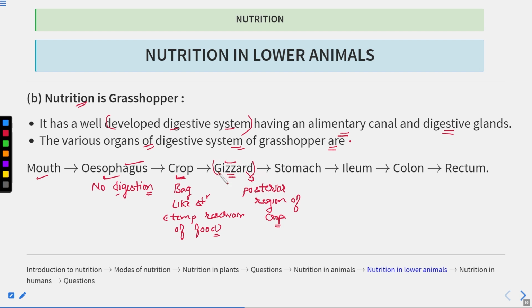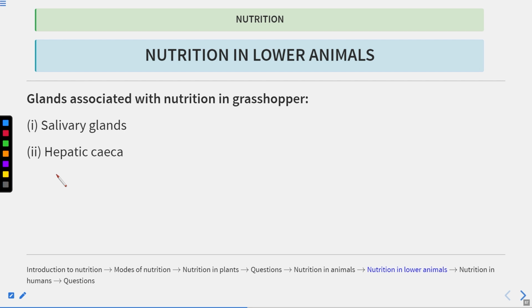Now the gizzard leads to the stomach, and then the stomach leads to the ileum, which is the part of the intestine. Then we have the colon, and then we have the rectum. All right, so these are the various organs of the digestive system of grasshopper.